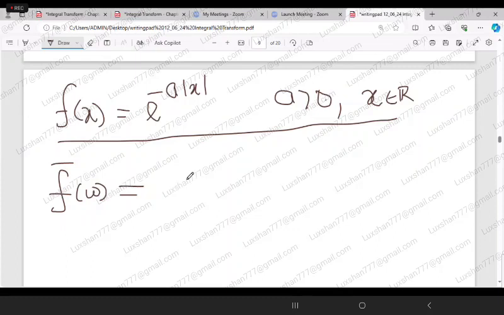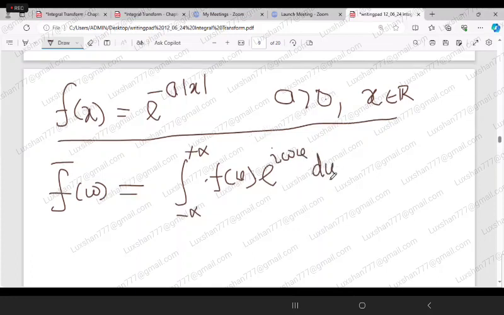The definition says the integral from minus infinity to plus infinity of f(u) e to the power i omega u du.